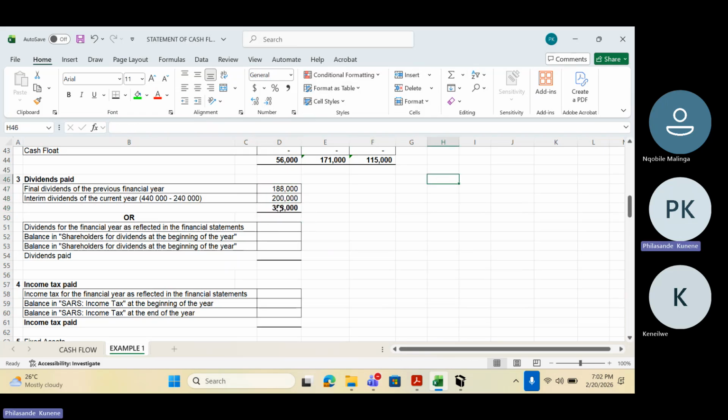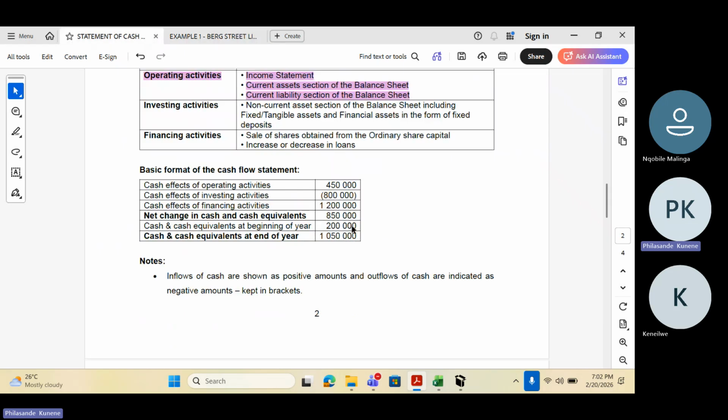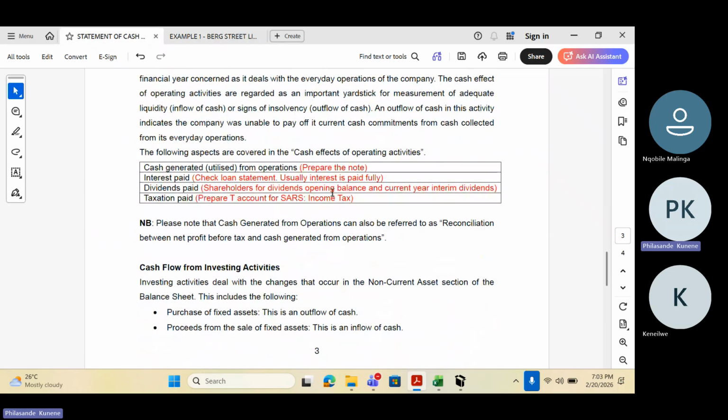Then I'm getting the total of dividends paid in the current year, right? If we go to our notes, I think I did indicate something like this at the end. Dividends paid, that is shareholders for dividends, opening balance, and the current year interim dividends.